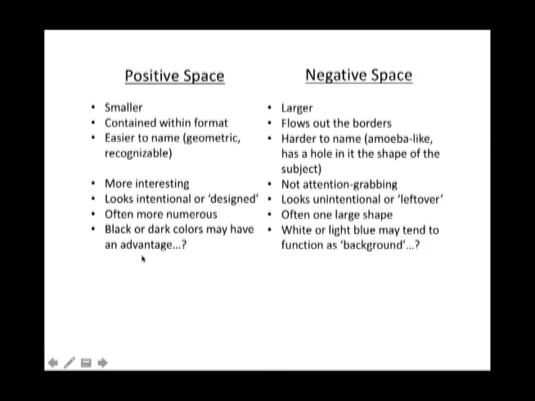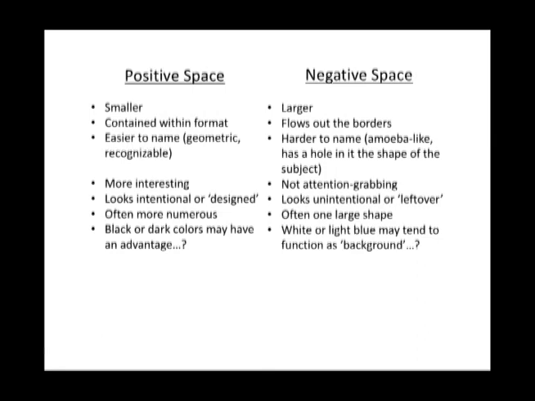I also believe that black or dark colors may have an advantage, but this is only when all other things are equal. I think that white, because of our customary paper color, and light blue, because we associate it with the sky, often tend to function as background and can be more difficult to make pop out and appear as a positive shape.